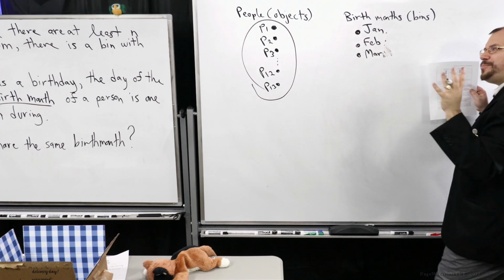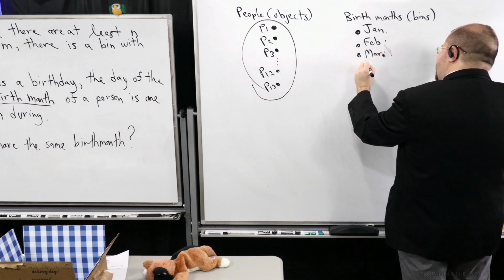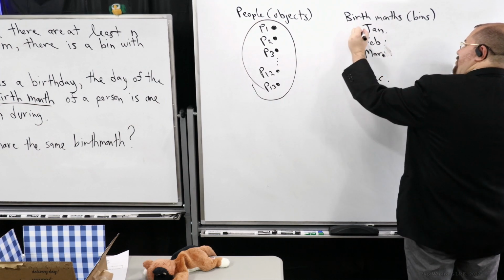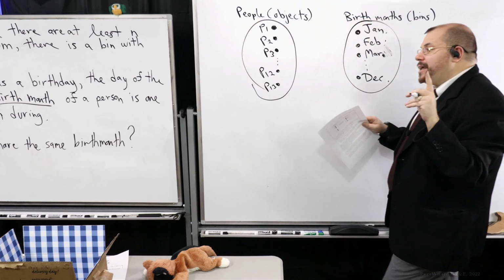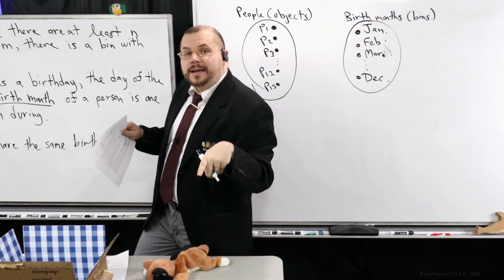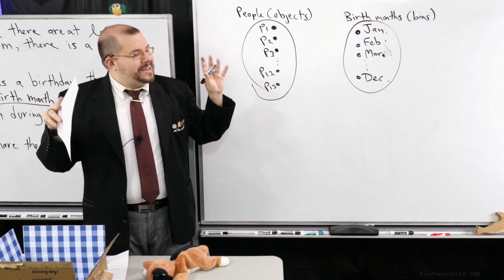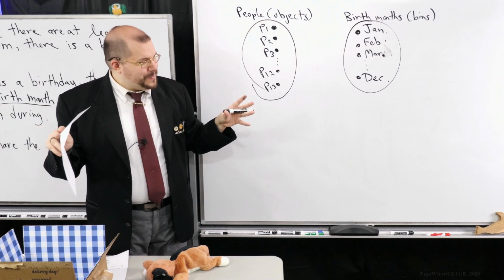I have to pick either abbreviations or full names, so I'll go with abbreviations here. March all the way up to December. We got the 12 months. Those are our bins. And we agreed that everybody has a birthday, and regardless, somebody's got some birth month they can associate themselves with.